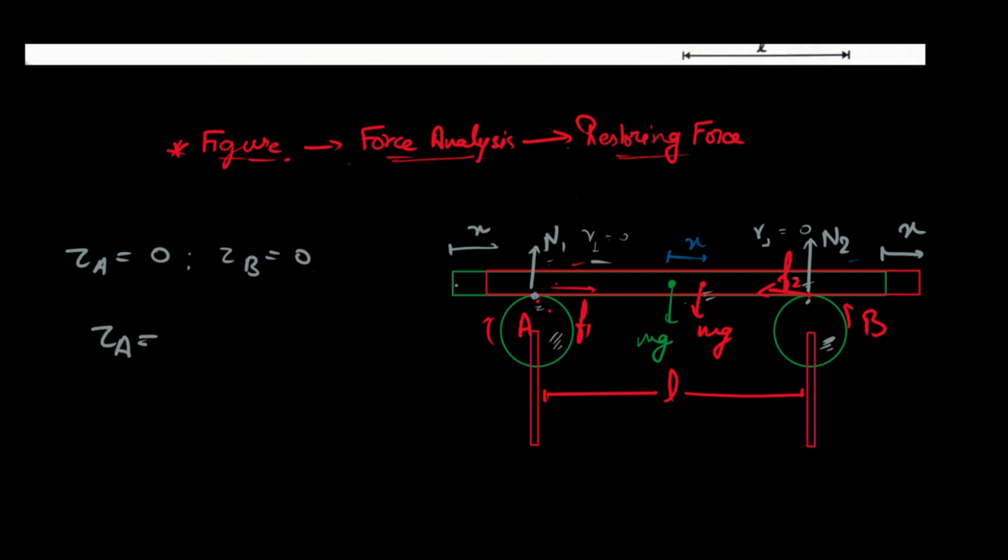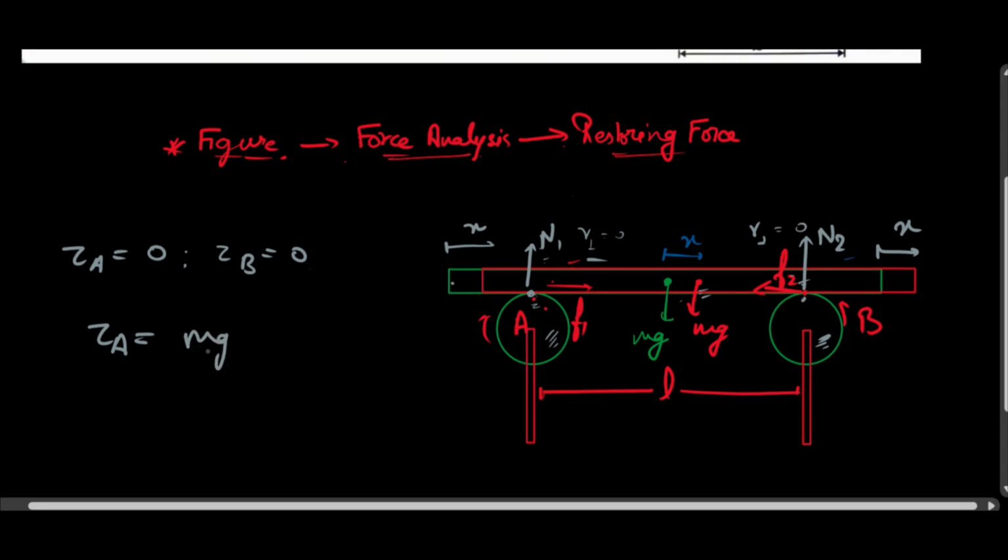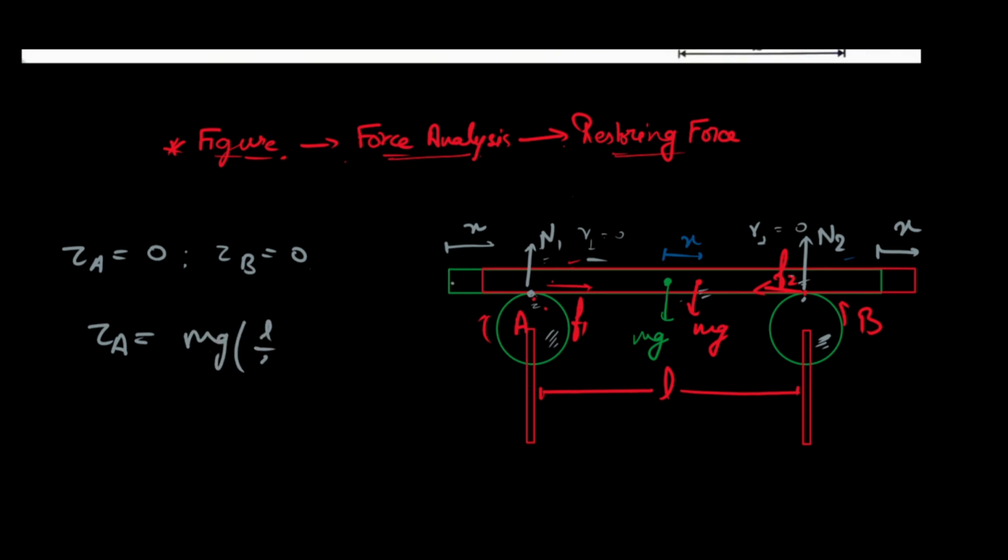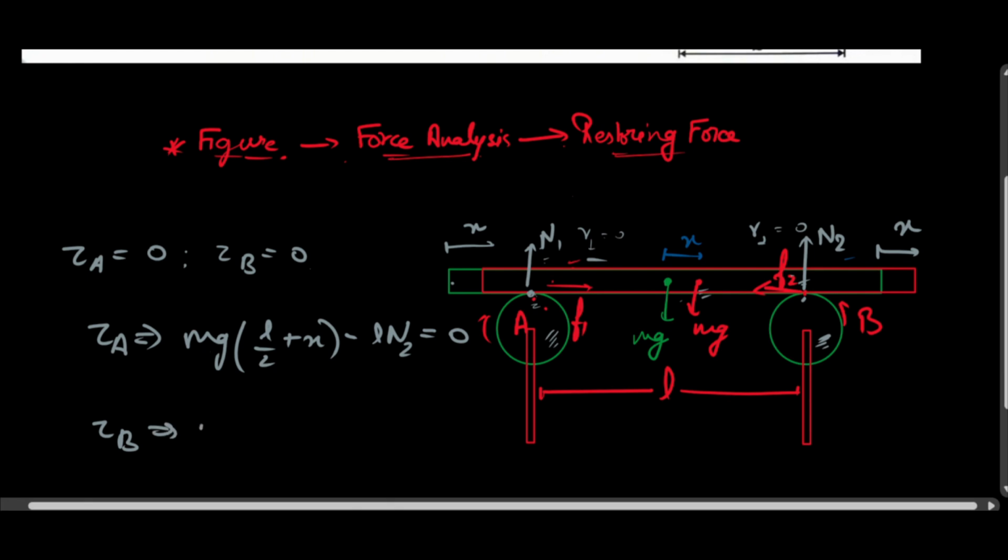Tau about A will be given as mg times (L by 2 plus x) minus L times N2. This thing has to be equal to 0, and tau B has to be mg times (L by 2 minus x) minus L times N1 equal to 0.